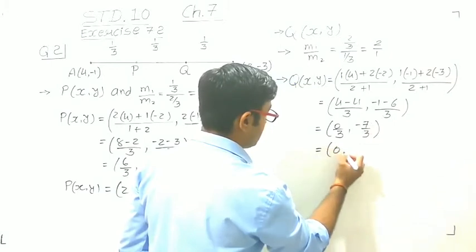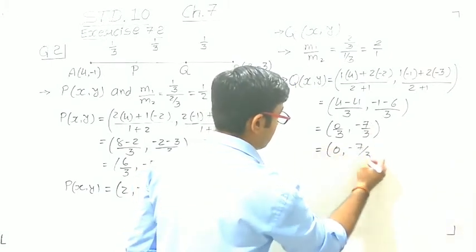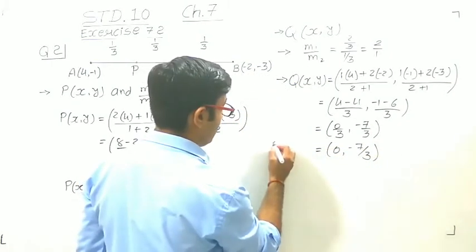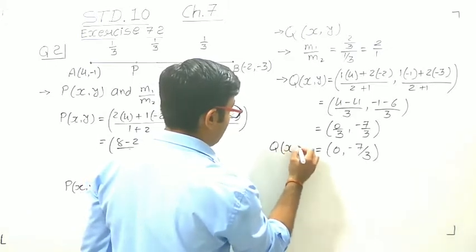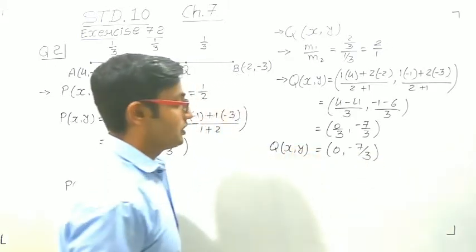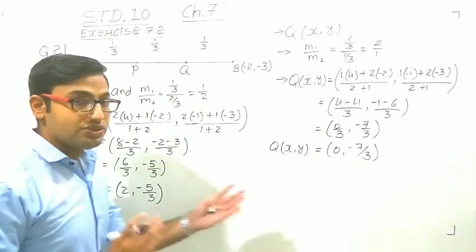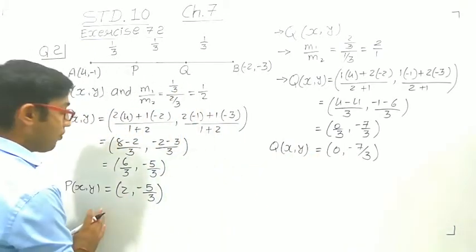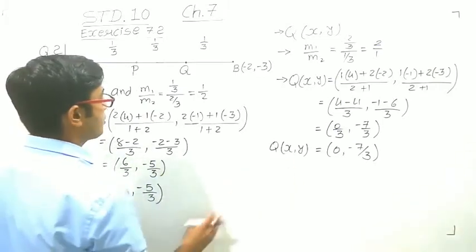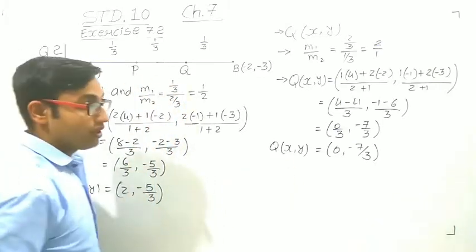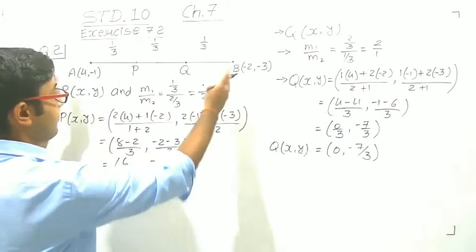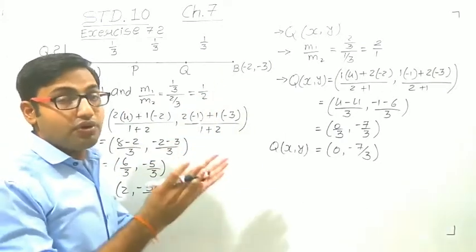So 0 upon 3 is 0 and -7 upon 3 is as it is. So here we get the Q of xy is equals to this. So this is the coordinate of the point Q. So in this way we find out the 2 points P of xy and Q of xy, the coordinates of the 2 points which divides the line segment AB into 3 equal parts.